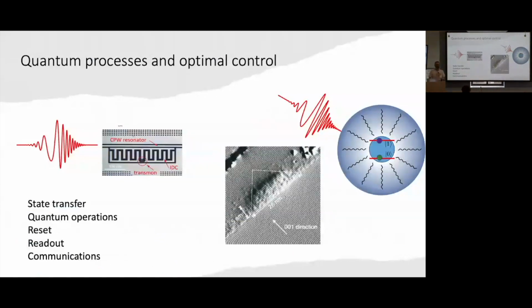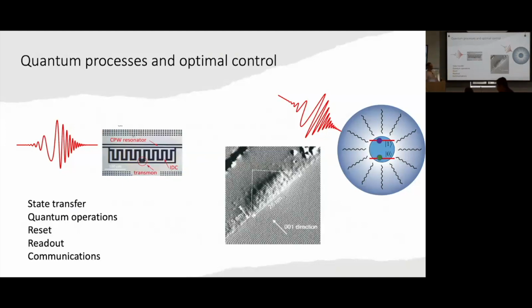And generally, the goal here is to figure out how you can implement some quantum process. I'm really thinking about processes here at the level of single gates by designing some control field. So we might think about, for example, state transfer processes where we're in one state we know, and we want to transfer it to another state. A slightly more general version of that is a quantum operation, implement some rotation gate or something like that.